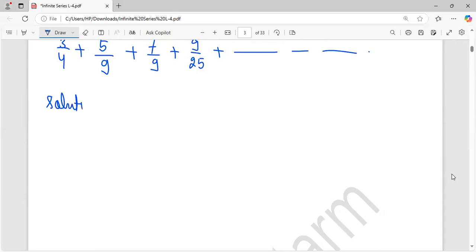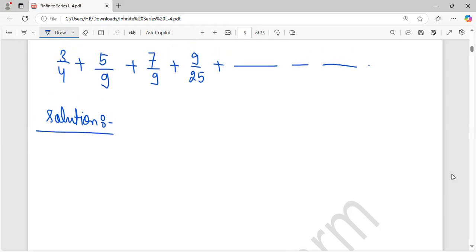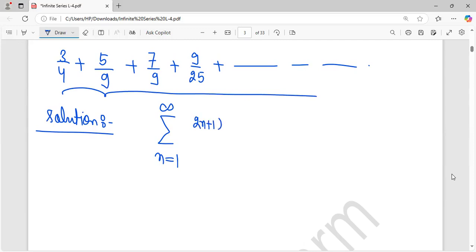Solution. So how to write this? In the numerator it is 3, 5, 7. So summation n goes from 1. We can write this series in this form. Above is 2n plus 1 and the denominator is (n plus 1) whole square. The above series can be written in summation form.